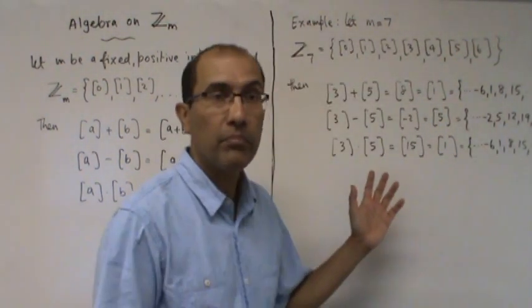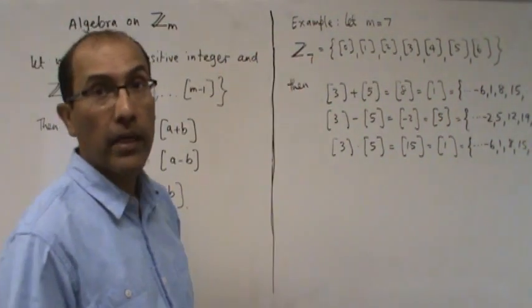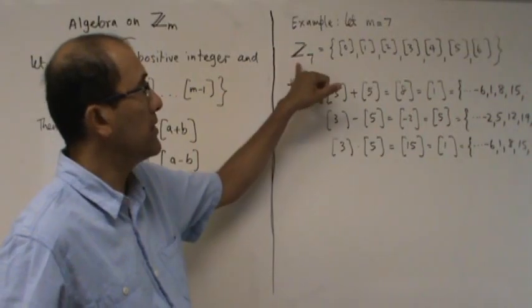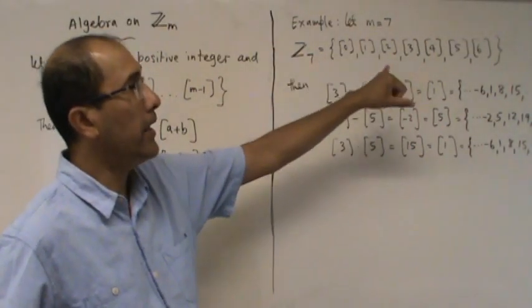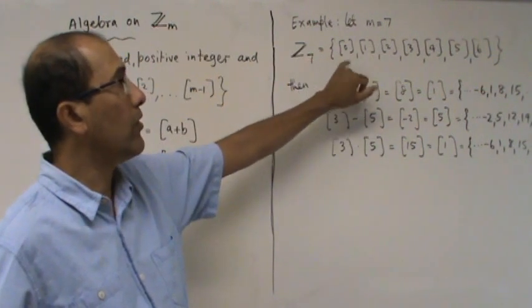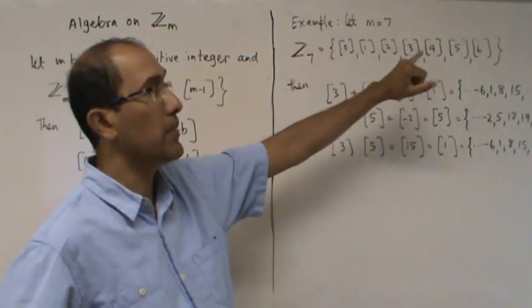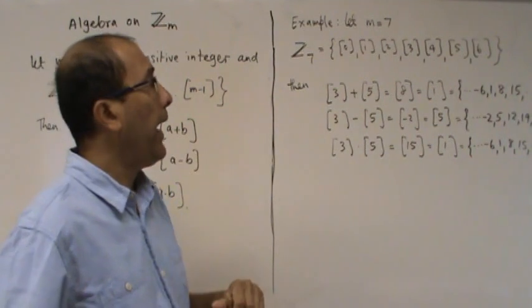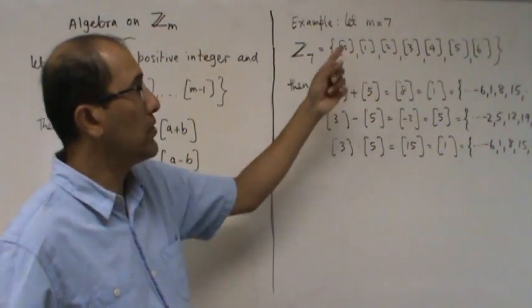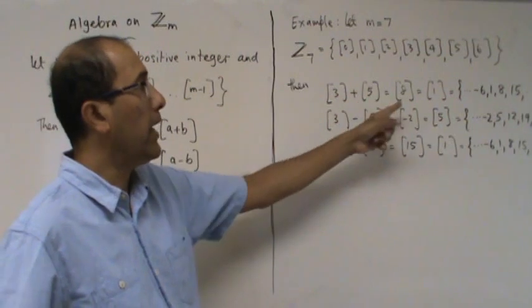Here is an example for you to see. If I pick M to be 7, then this is my Z7 set, and it has 7 objects starting with the 0 congruence class, 1 congruence class, and so on up to 6. And now I can add anything. So if I choose 3 and 5, I add them and I get 8.